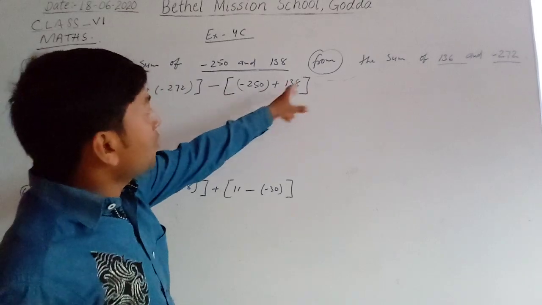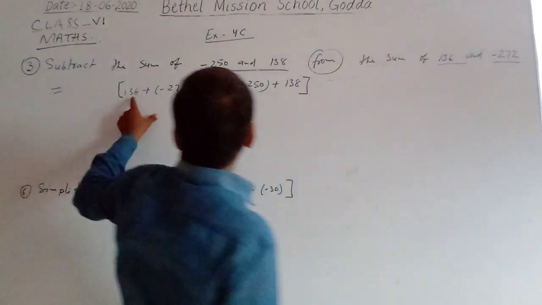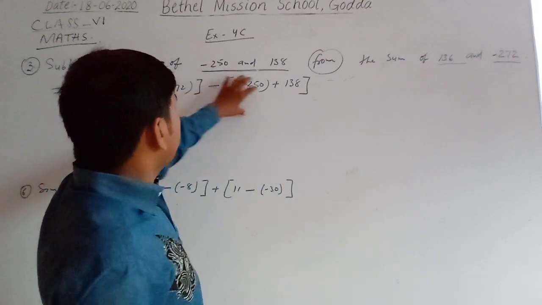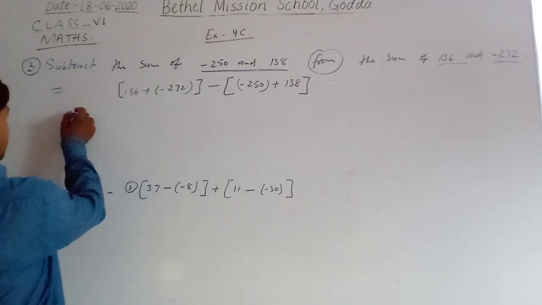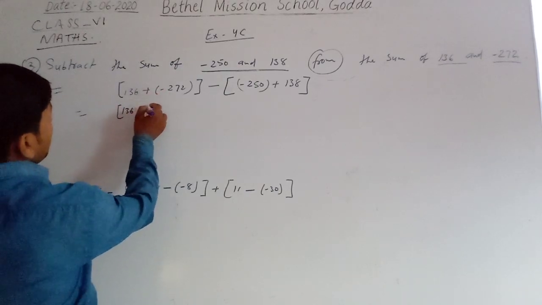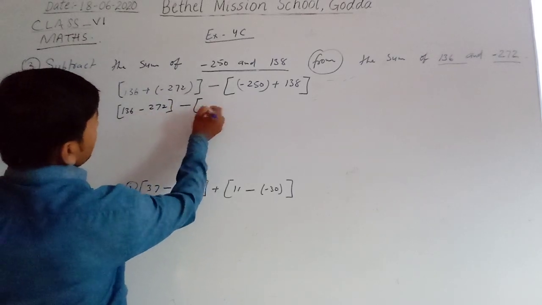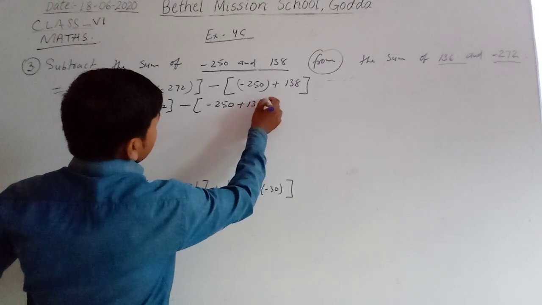From the sum of this and this: 136 plus minus 272. From this sum we have to subtract the sum of this and this. Okay. Now solve that. 136 plus minus 250 and plus 138. Okay.